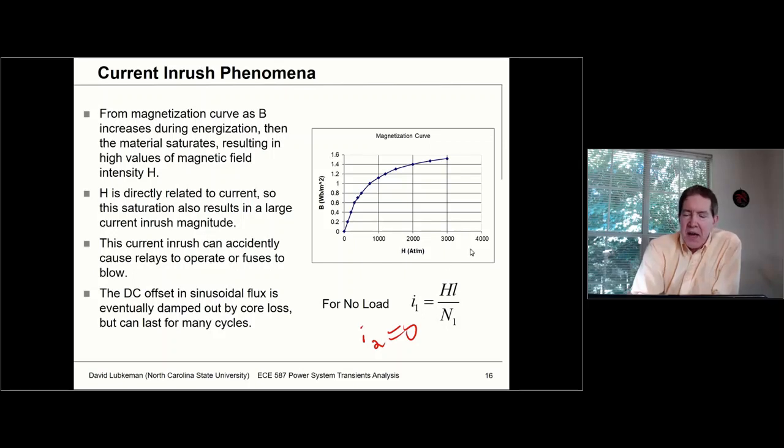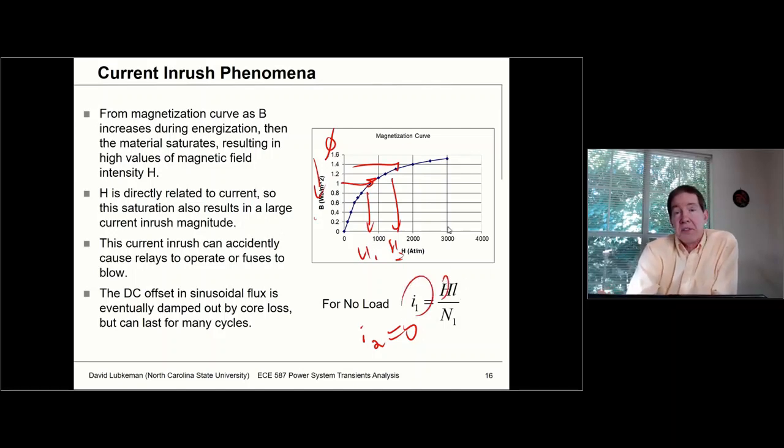And what I can do now is, if I have this value for flux, I can relate this to B. Once I have the value for B, then I can go to a point on the curve and pick off H. And then once I have H, I can relate this to I1.